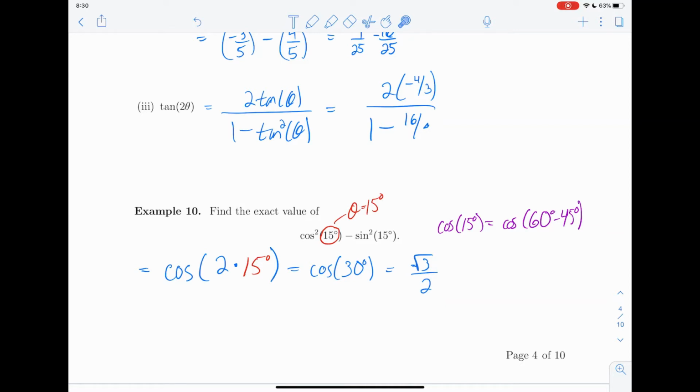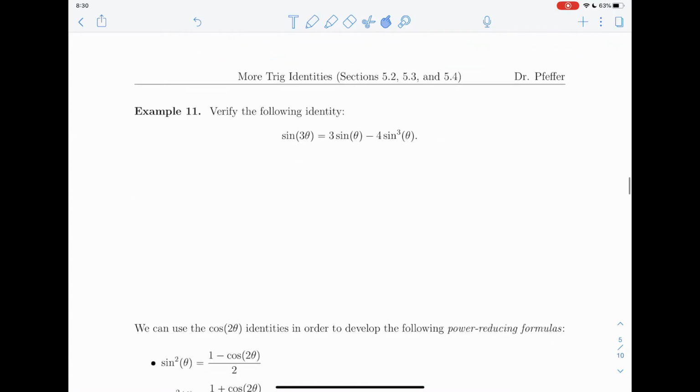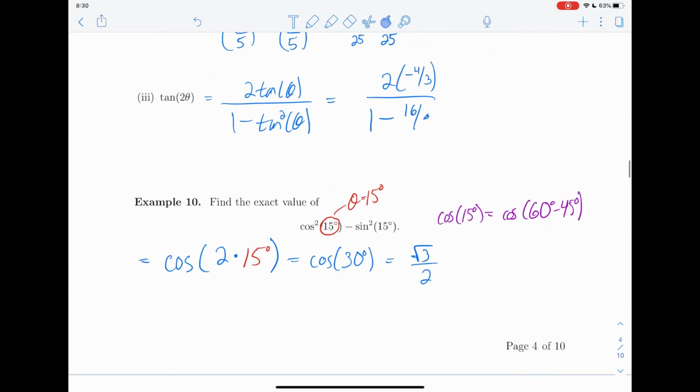So, if we can answer these types of questions using the double angle formulas, can we also verify trig identities with the double angle formulas? And it turns out the answer is yes.